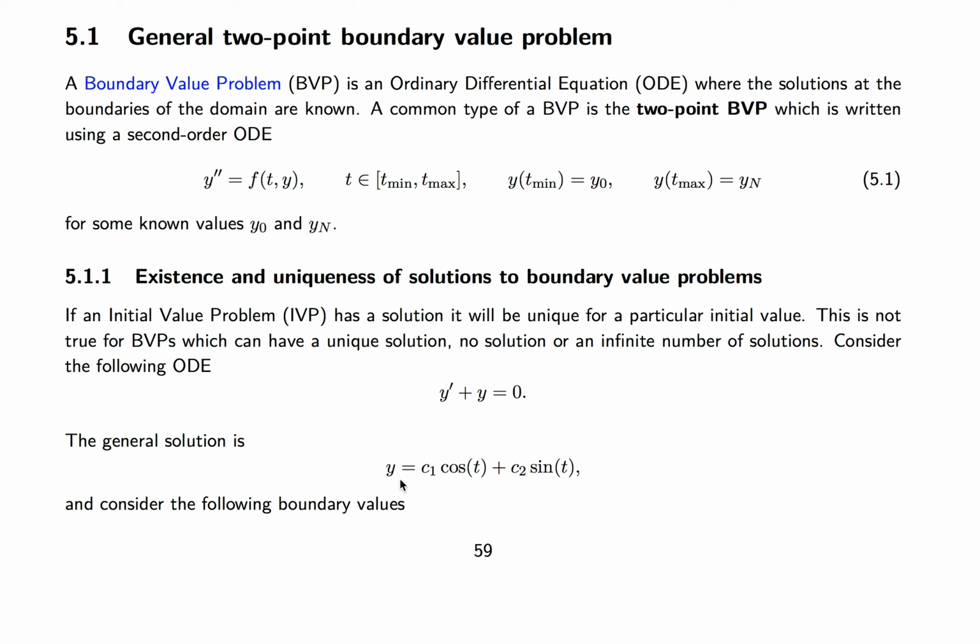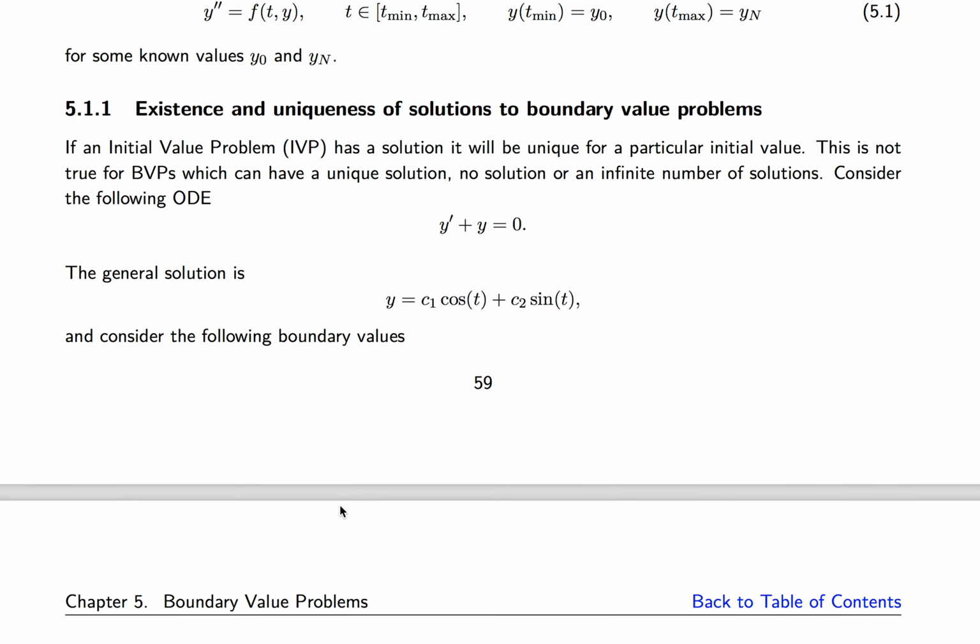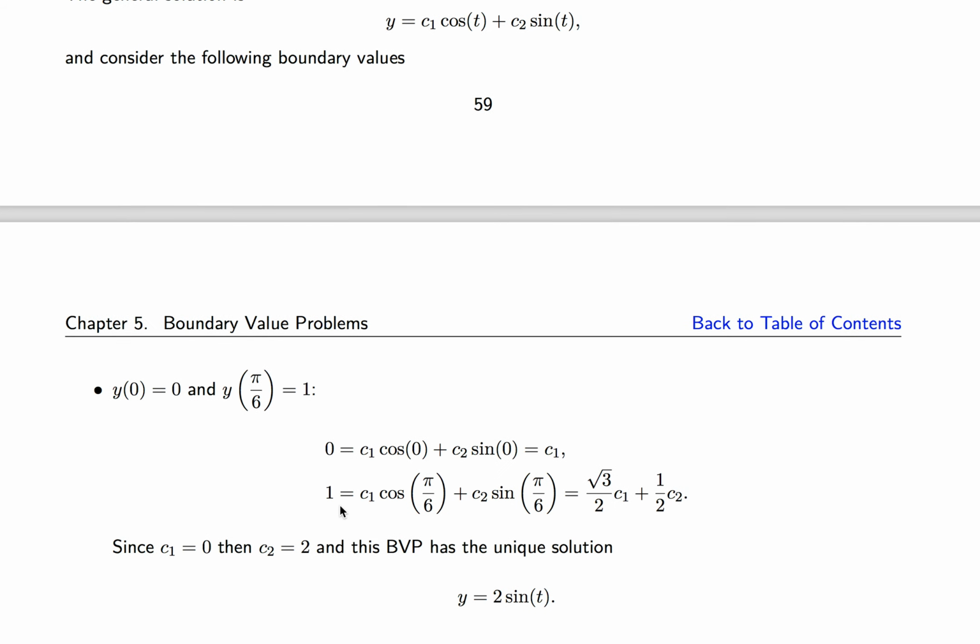So we're going to consider some different instances of the boundary values. Okay, so we're going to say if we let our initial value be 0 and our upper boundary, where t is pi over 6, is equal to 1, well for each of these cases I can use these to calculate what c1 and c2 would be.